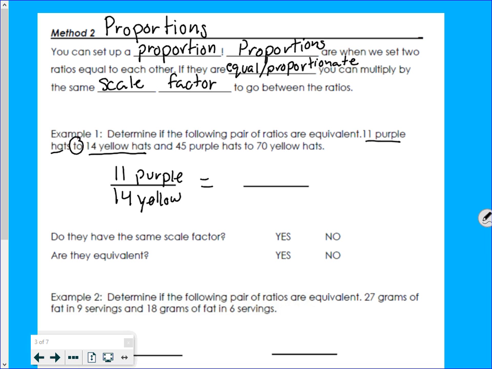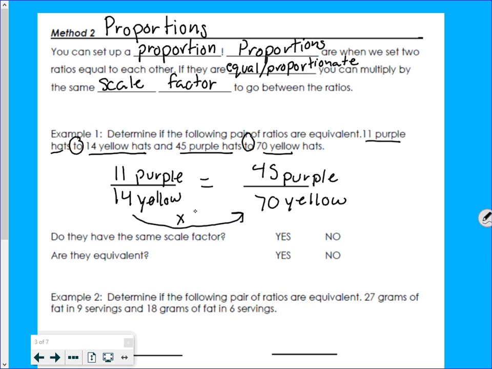And here we have 45 purple to 70 yellow. So in order to get from 14 to 70, we can multiply by 5. Whatever we do to the bottom, we have to do to the top, times 5.